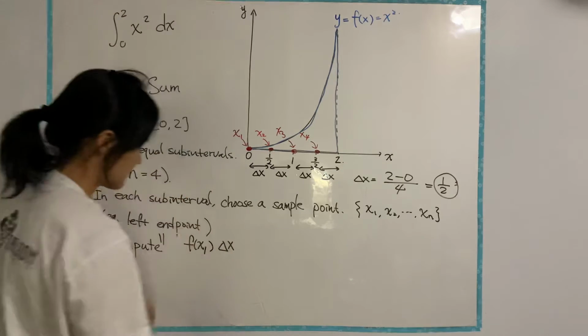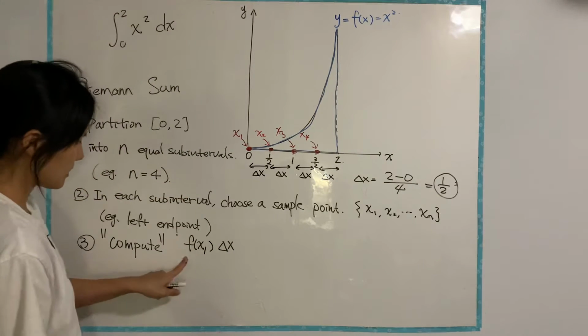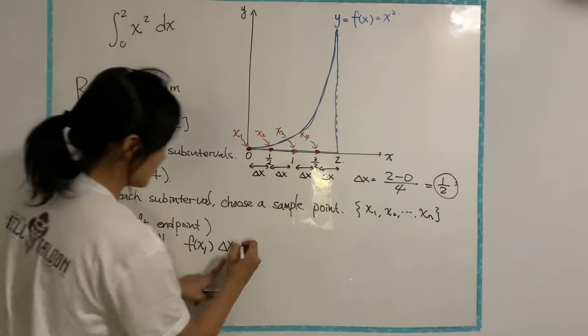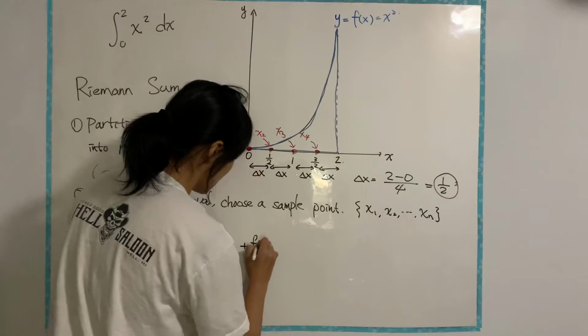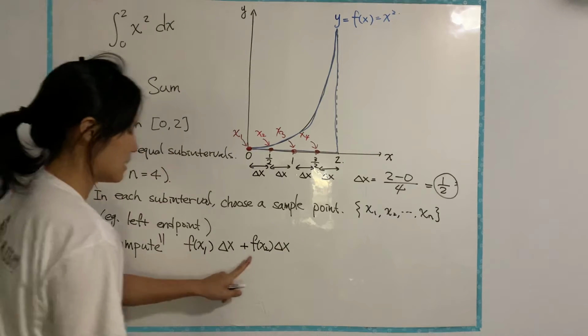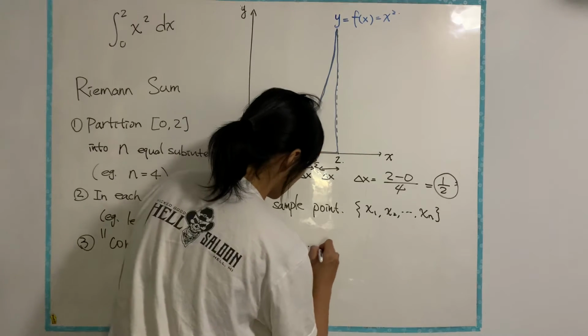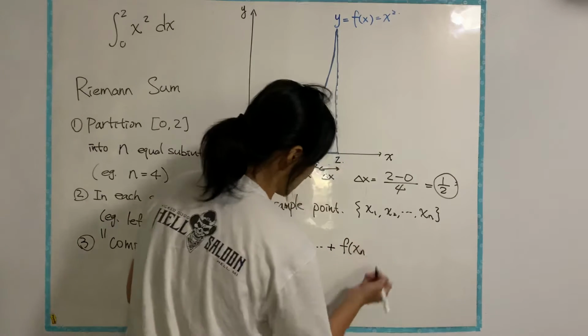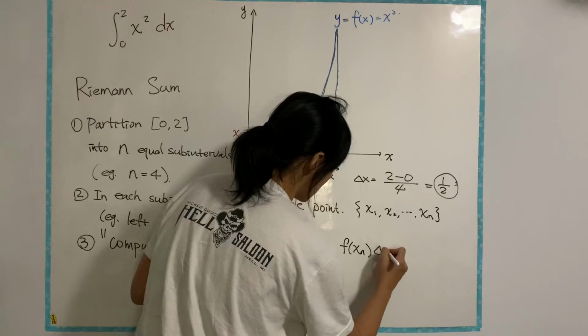Okay, so I want to compute f of x1 times the width delta x plus f of x2 times the width delta x, and I want to continue this till I get to the very last point, which is f of xn times delta x.